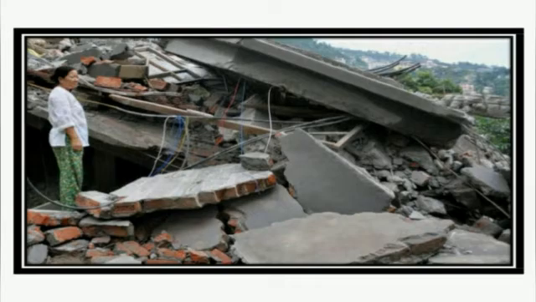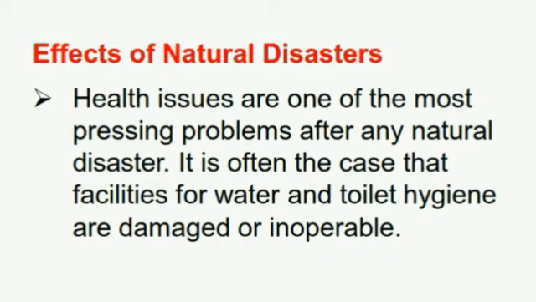Most of them face a lot of problems because there is no hygiene facility or water facility. So it leads to a lot of infectious diseases, and many times it also leads to death. So the problems of natural disasters are many, and most of the time it is loss of life.